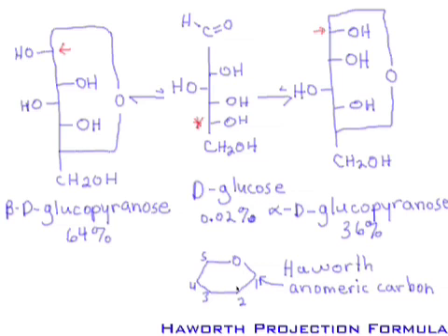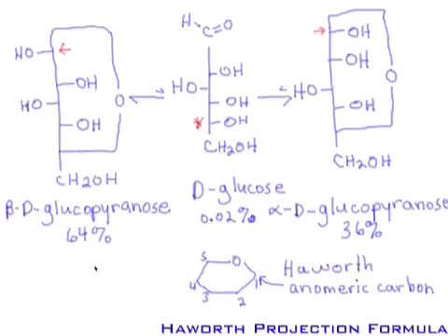Now the question is, how does this structure form from the Fischer? And we have several rules for that. For a D sugar, groups on the right side of the projection are placed below the plane of the ring, and groups on the left side are placed above the plane of the ring.